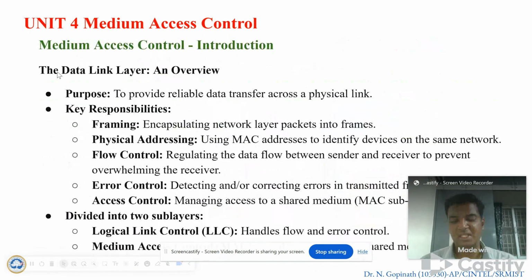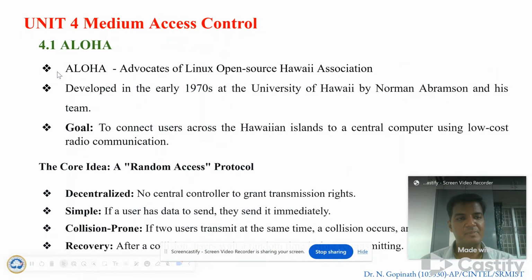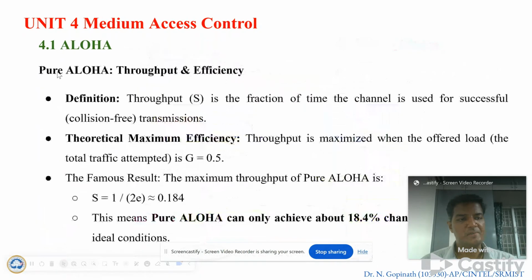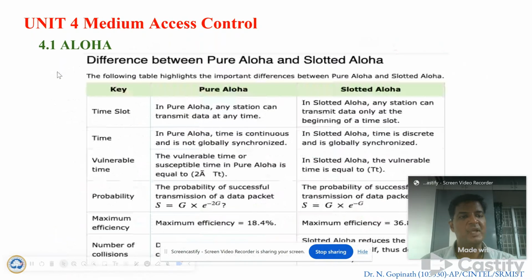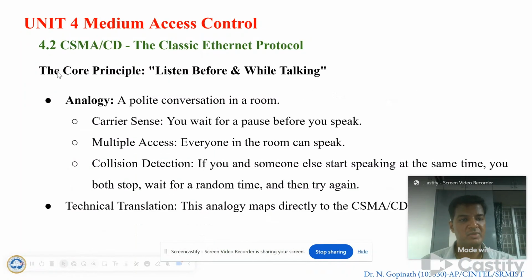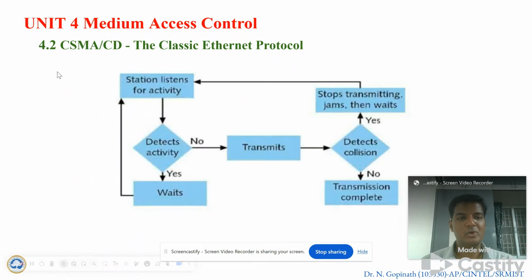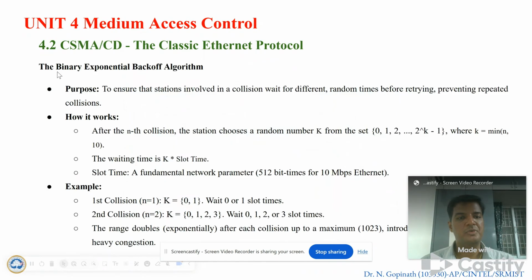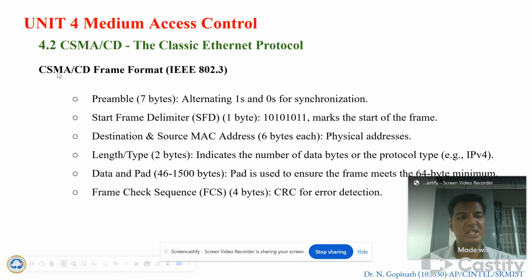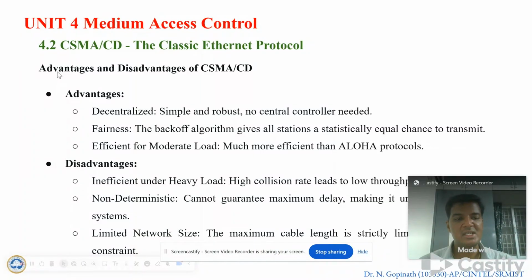We started with the overview of the data link layer, followed by the MAC address introduction and the methods of MAC, Aloha, pure Aloha, slotted Aloha, and we moved on to another topic, the classical Ethernet protocol, CSMA/CD, with a simple example for our understanding and a step-by-step walkthrough and the flow diagram of how CSMA/CD is working, followed by an algorithm, the binary exponential backoff algorithm, which is the base for the working of CSMA/CD, and finally we ended up with the frame format of CSMA/CD, that is IEEE 802.3, with advantages and disadvantages.